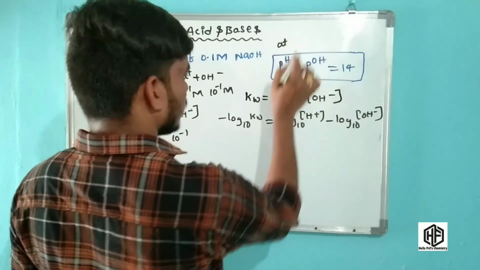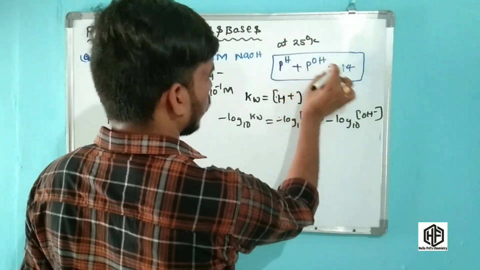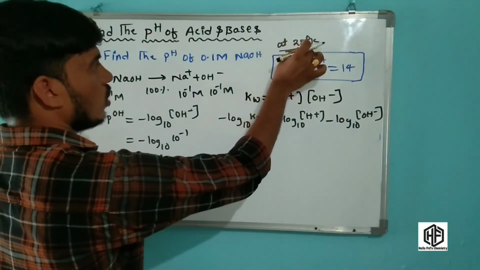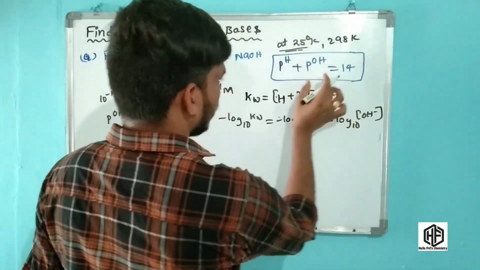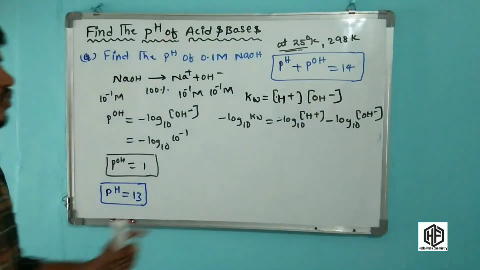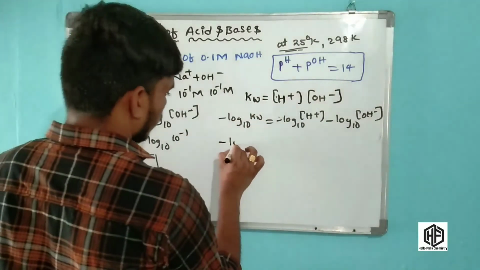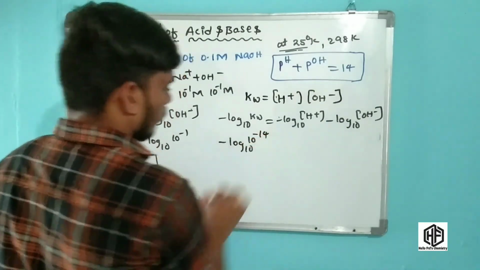Now friends, at 298 Kelvin, pH plus pOH is equal to 14. This is very important, friends. In any solution at room temperature, or 298 Kelvin, this value is present. pH plus pOH is 14. Now at room temperature, the Kw value is 10 to the power of minus 14.